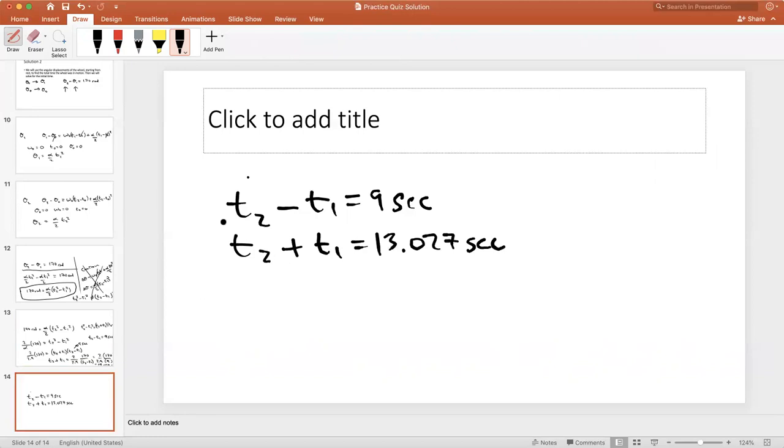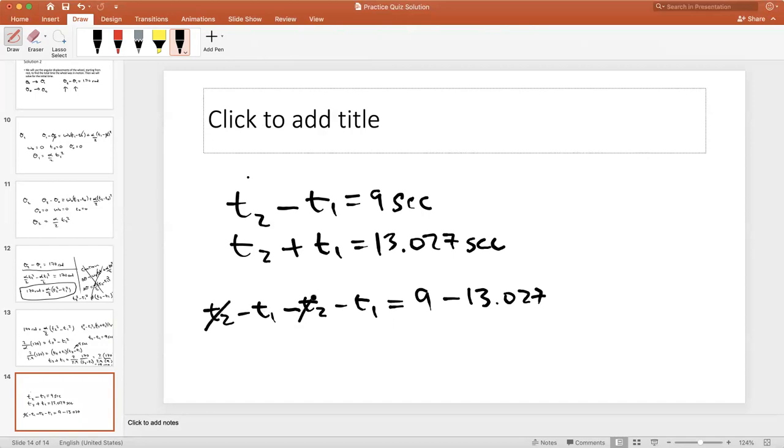And now we can actually add or subtract these two equations. What we're going to do is subtract them. So we get t2 minus t1 minus t2 plus t1 is equal to 9 minus 13.027.